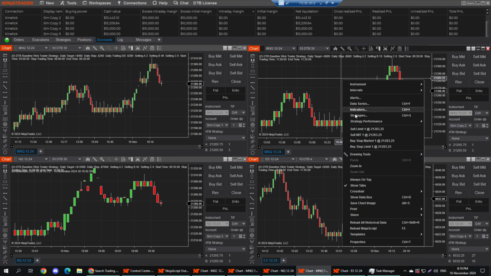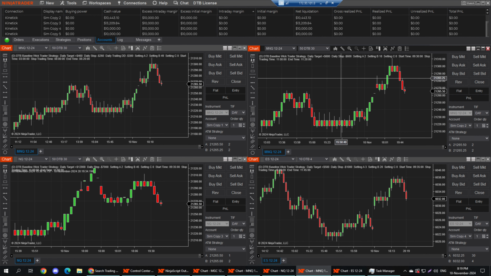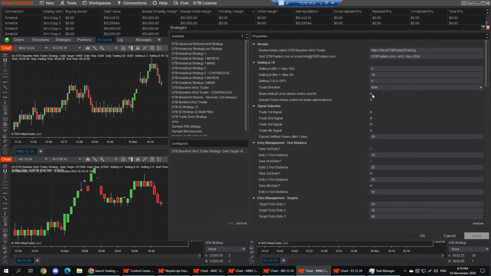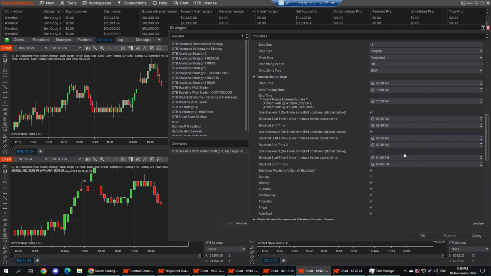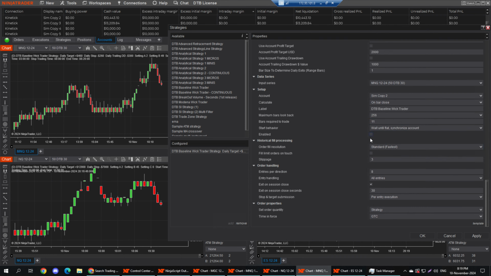Let's go into strategies, and we can go into baseline Wick Trader, and all that we're doing here is we're changing this to 19.